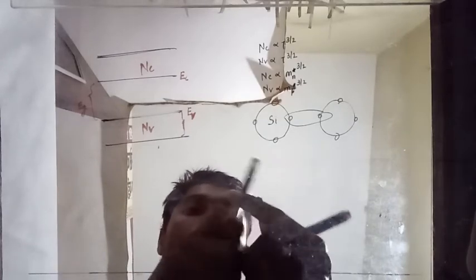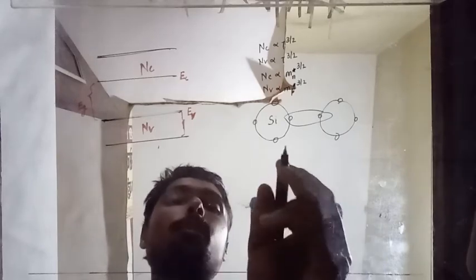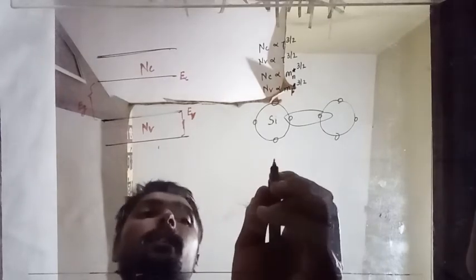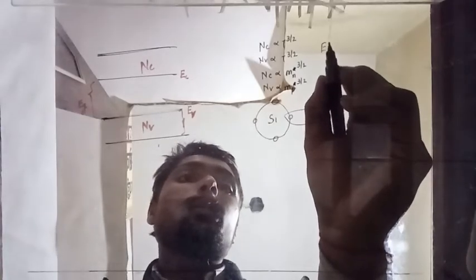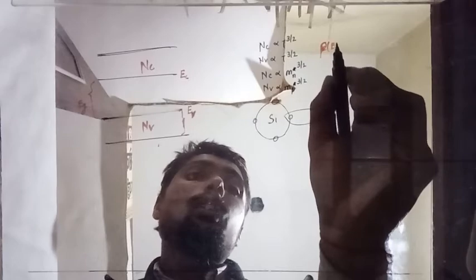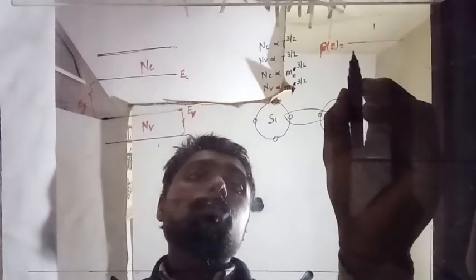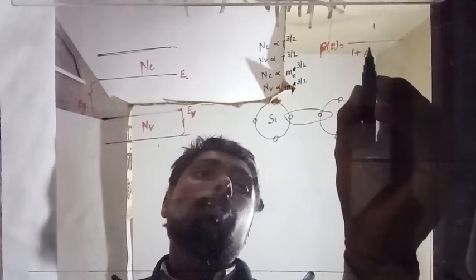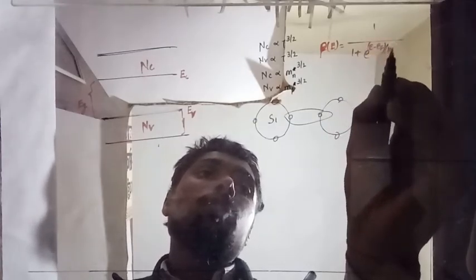Again, from the Fermi-Dirac function, we have used an approximation. What was the Fermi-Dirac function? The probability at energy E, for a specific Fermi level, is given as 1 upon 1 plus e to the power (E minus EF) upon KT.